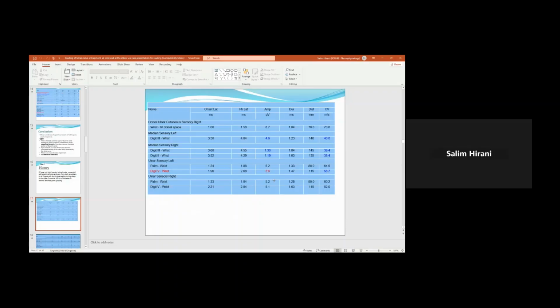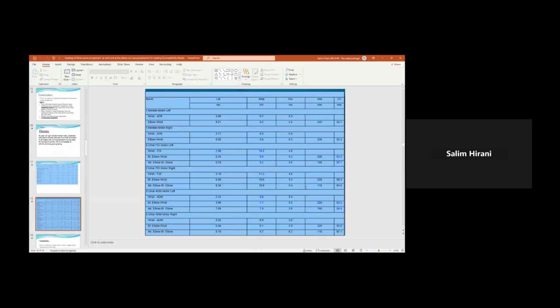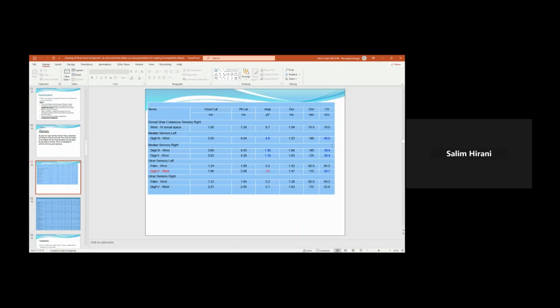The other side amplitude is fine and conduction velocity is normal. So motor, we can see now. Median sensories are normal with normal amplitude and conduction velocity. So there is only entrapment of the sensory involvement of the median nerve.